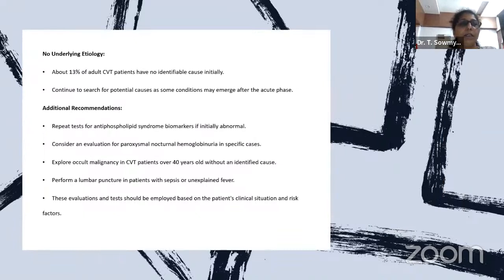And in spite of doing this many investigations, in 13% of adult CVT patients, we cannot find an identifiable cause. And we need to follow up this type of cases to see whether we can find any cause.